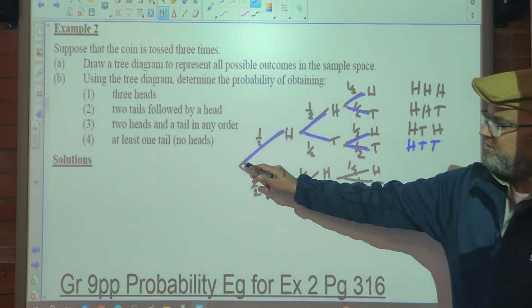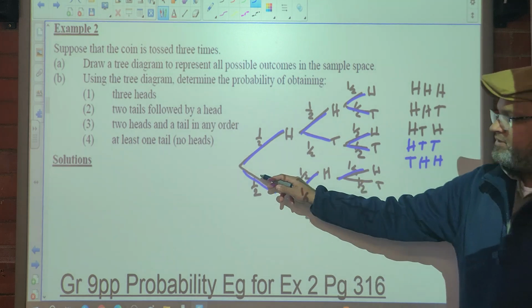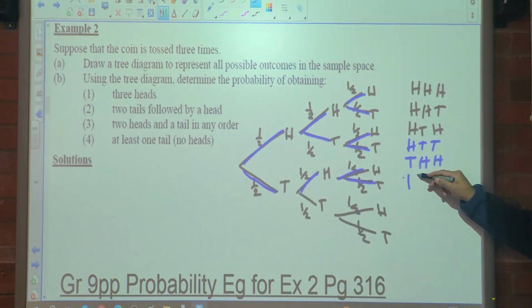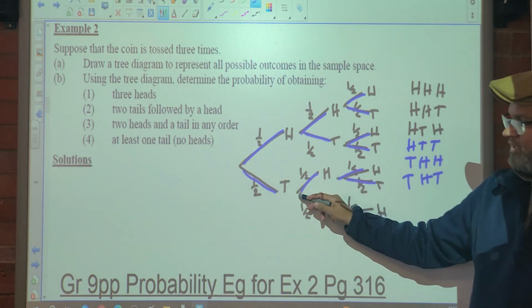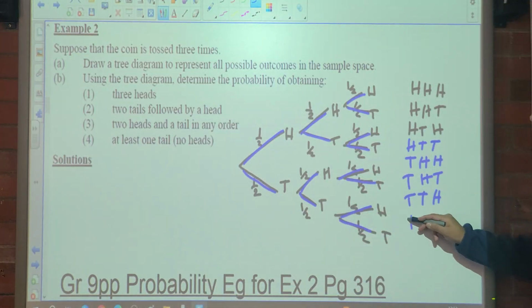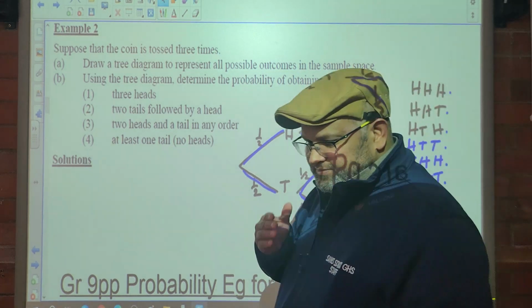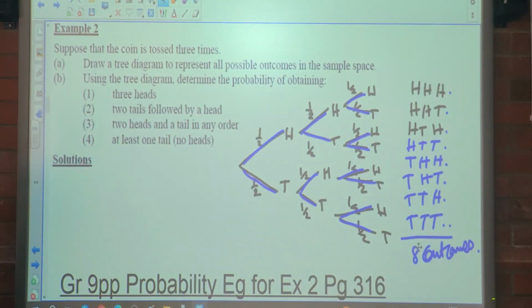Then it could be tails, heads, heads. Then tails, heads, tails. Then tails, tails, heads. Then tails, tails, tails. How many outcomes are here? 1, 2, 3, 4, 5, 6, 7, 8. You don't have to write this. You don't normally write it. Okay? Any confusion at this point?